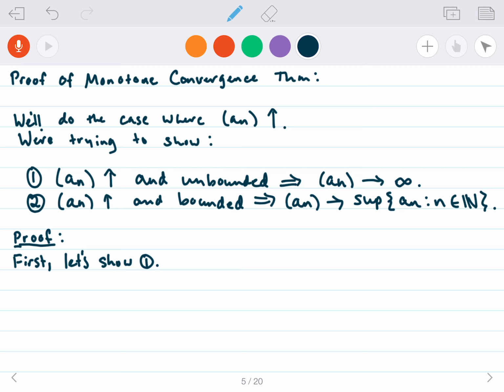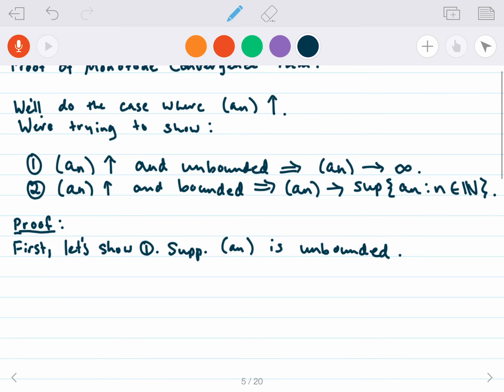Okay, so we're going to suppose that a sub n is unbounded. And what does that mean? Well, we know that a sub n is monotone increasing and unbounded.